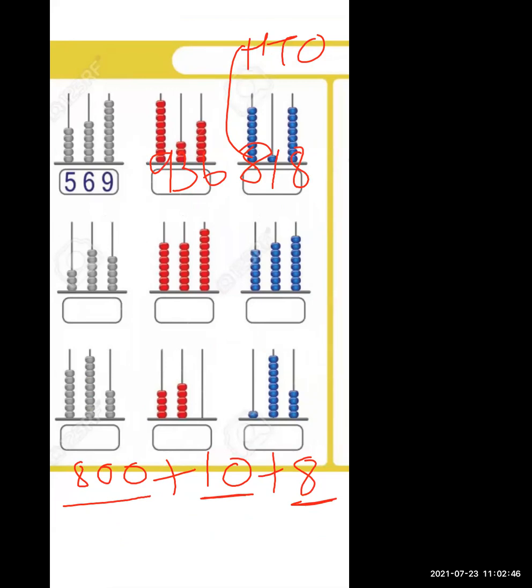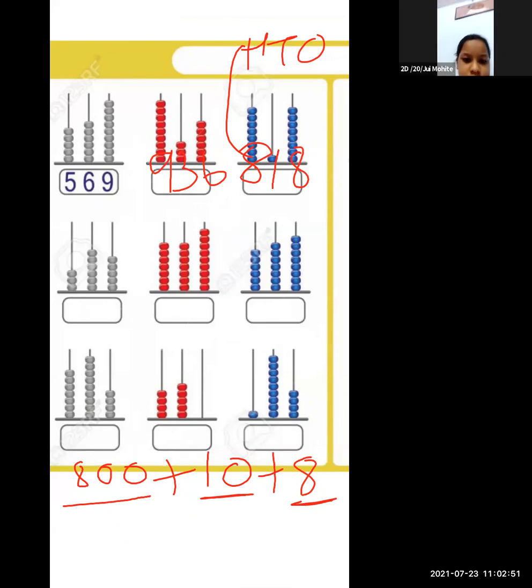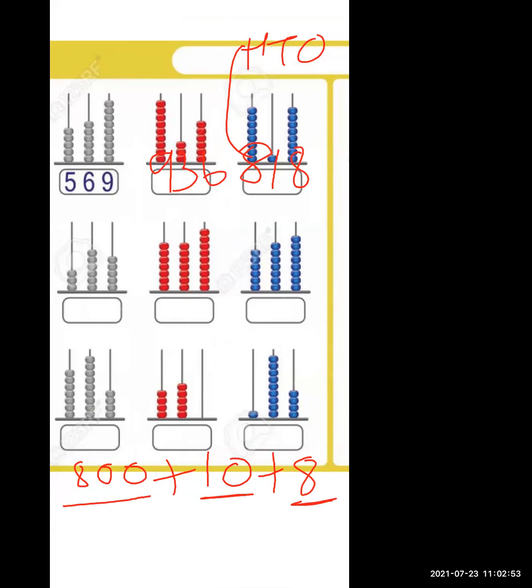These are all correlated to each other. If we understand place value, then we automatically understand face value. Once we understand face value and place value, we come to know how to expand the number. If we expand the number, we come to know how to write the numbers in words. I hope everyone understands these things.